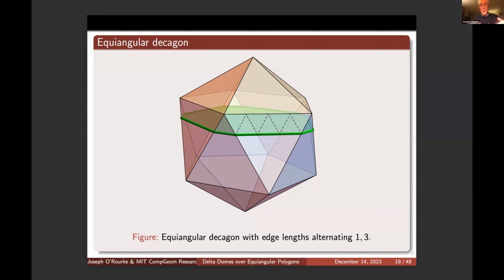I think you can see that if I slice even higher, I'll get a different pattern. Now, it may seem, since I've showed you all these pictures where you're slicing one polyhedron to get the dome, you might think that all the domings come from slices, and that's not true, but I'm not going to show that. We have counterexamples to that.